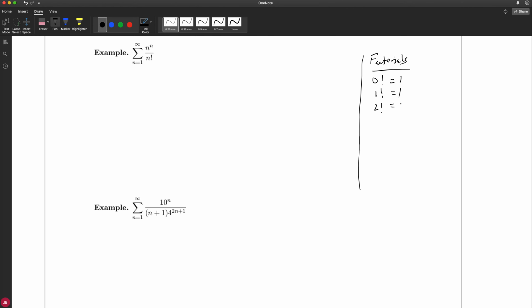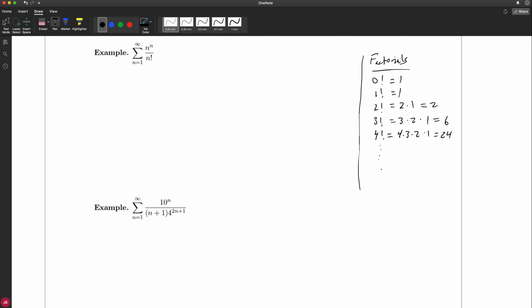So it's 2 times 1, right? And that's just 2. 3 factorial is 3 times 2 times 1, which is 6. 4 factorial is 4 times 3 times 2 times 1, which is 24, and so on and so forth, right?